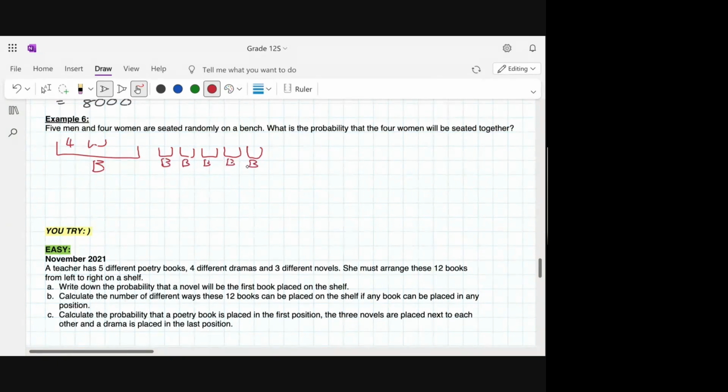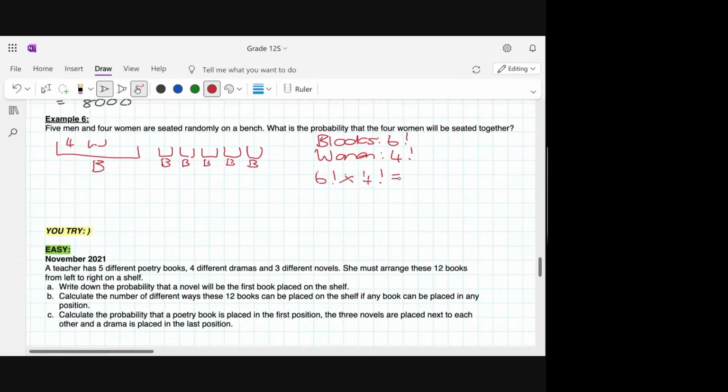Cool? Okay, so I've got 6 blocks. So 6 factorial times 4 factorial for the women.